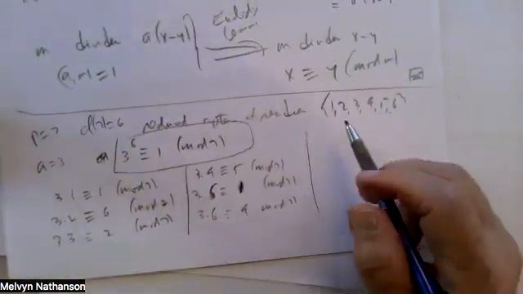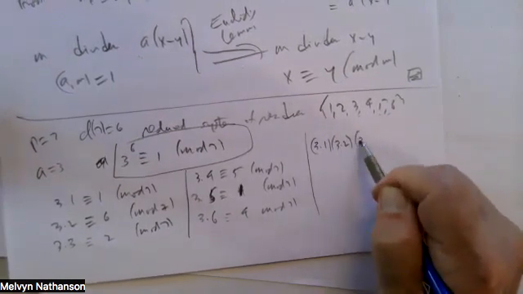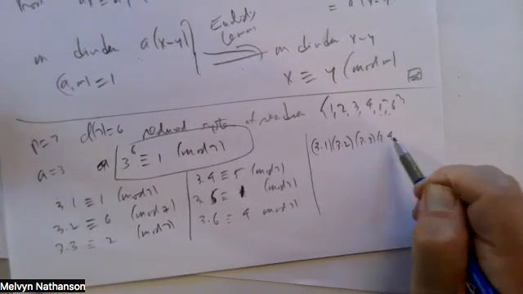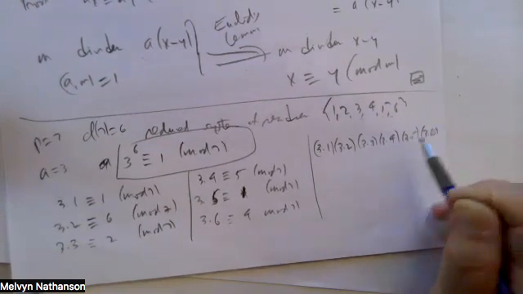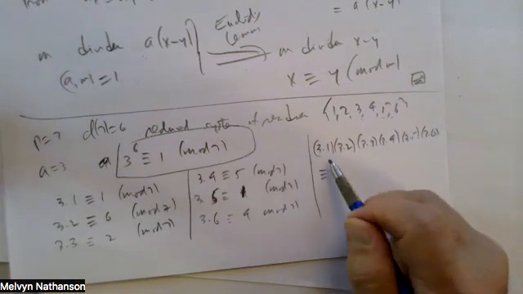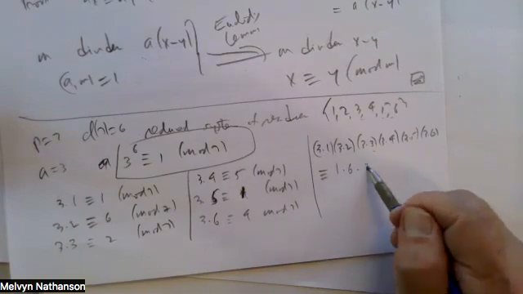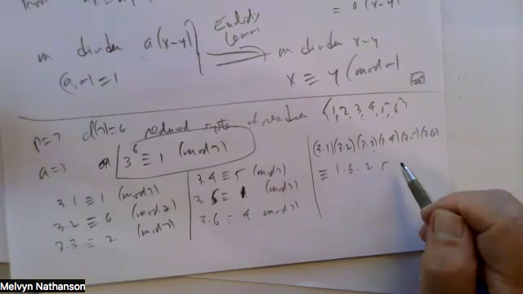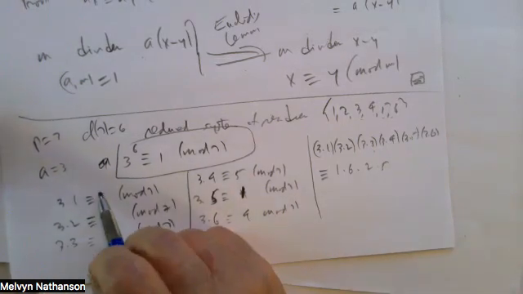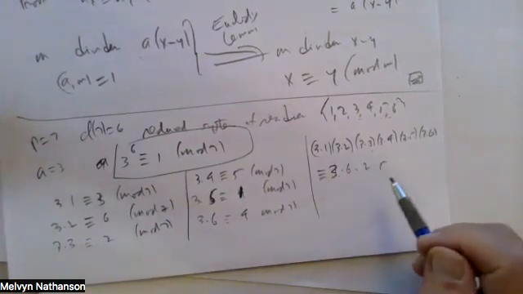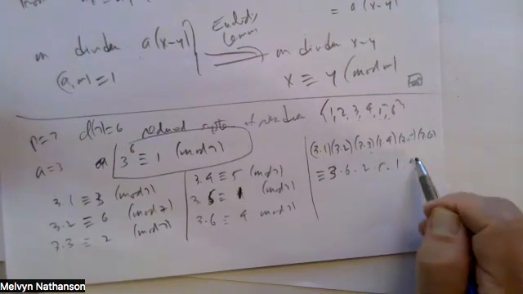So if I take 3 times 1, 3 times 2, 3 times 3, 3 times 4, 3 times 5, and 3 times 6, which is congruent to 3 times 1 is 3, 3 times 2 is 6, 3 times 3 is 2, 3 times 4 is 5, 3 times 5 is 1, 3 times 6 is 4.